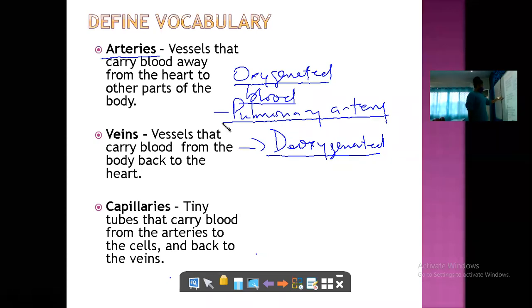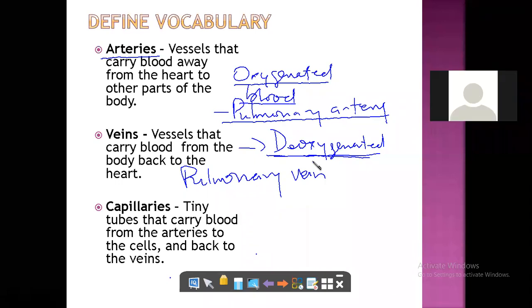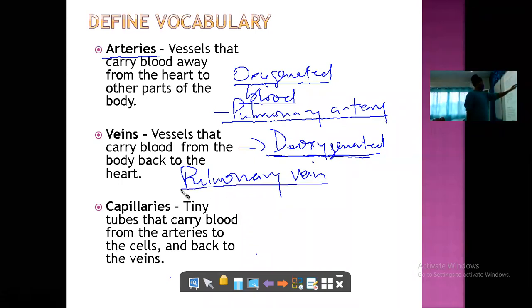Likewise for veins, which are responsible for transporting deoxygenated blood, there's one strange vein called the pulmonary vein, which carries oxygenated blood from the lungs into the heart. Okay, pulmonary artery and pulmonary vein.